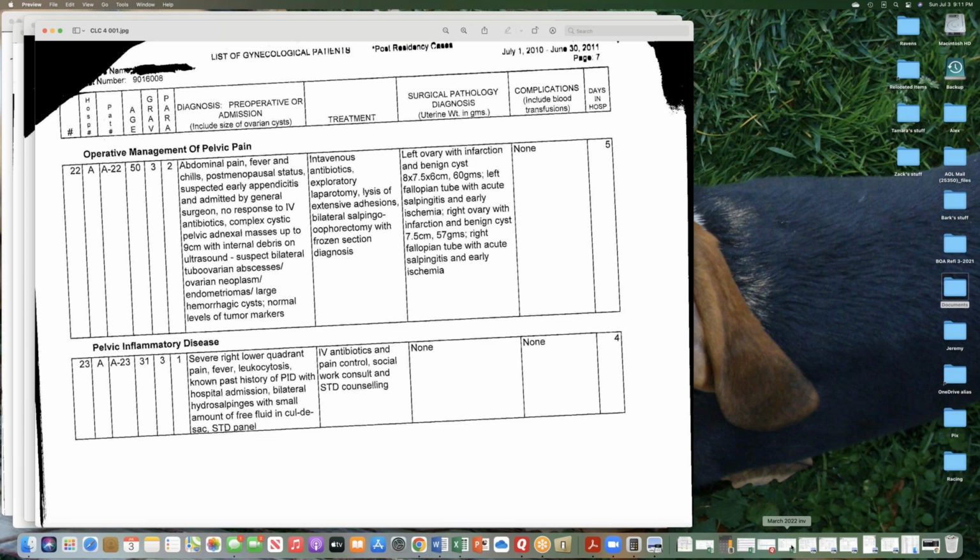If you look at the first one, patient 22, abdominal pain, fever, and chills, postmenopausal status, suspected early appendicitis, and admitted by general surgery. They had no response to IV antibiotics. Complex cystic pelvic adnexal masses up to 9 centimeters with internal debris on ultrasound.